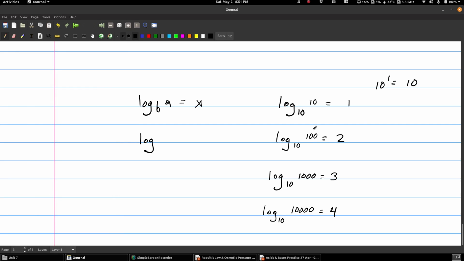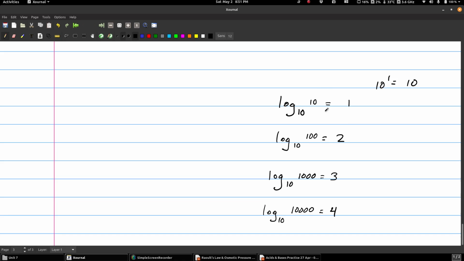Really what's important about this for chemistry is, because there's so many particles in a solution, it tells you how much more concentrated the lower pHs are and the higher pHs are in terms of hydronium or hydroxide.